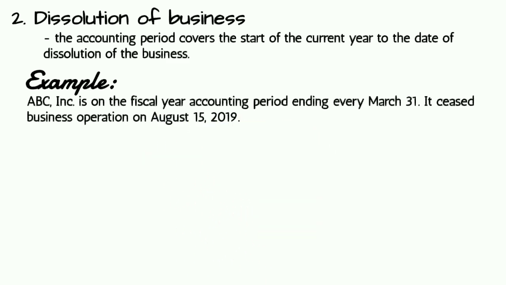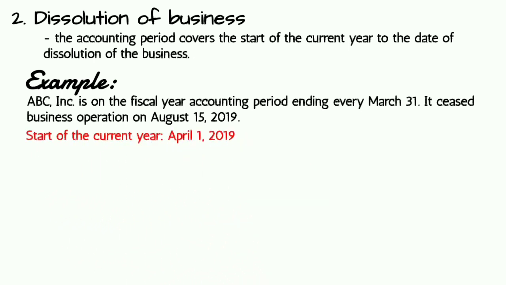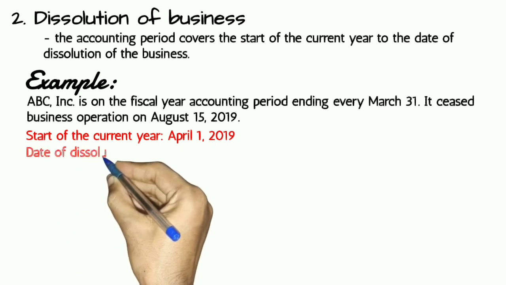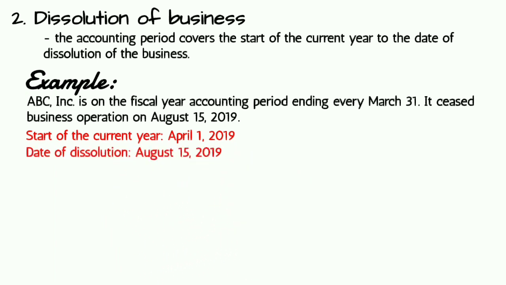If the end of the fiscal year is March 31, ang ibig sabihin nun, mag-i-start ang fiscal year ng April 1. So that means, ang start of the current year ay April 1. The date of the dissolution of the business is August 15, 2019.